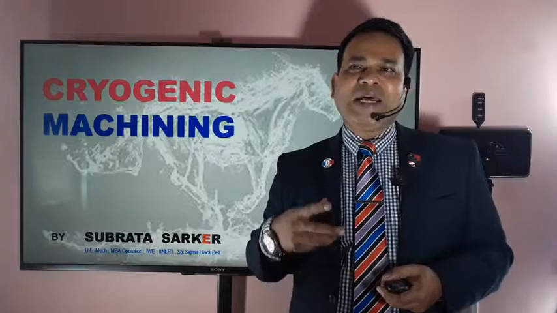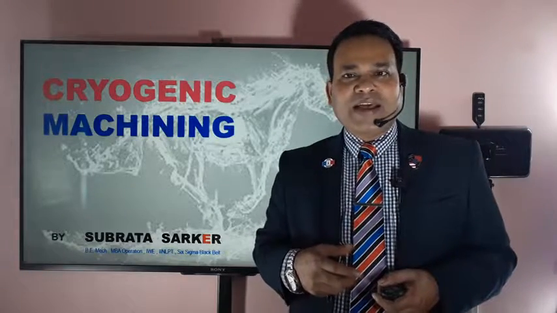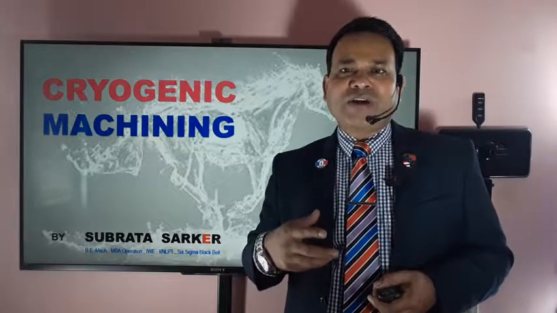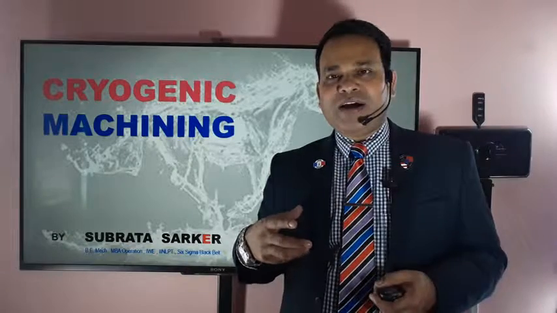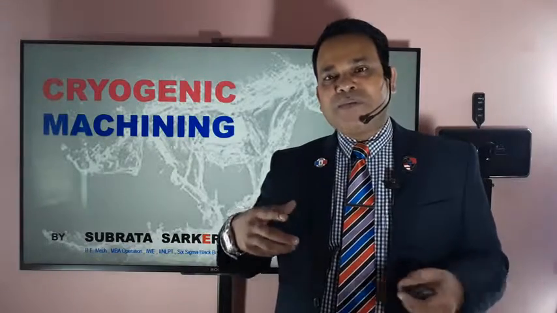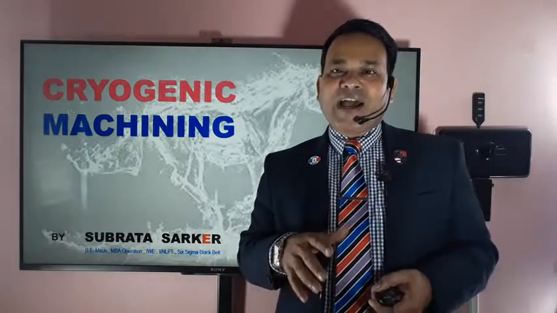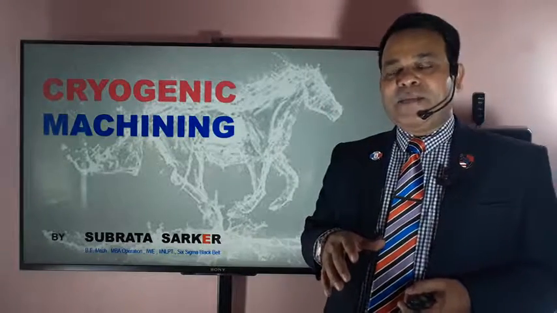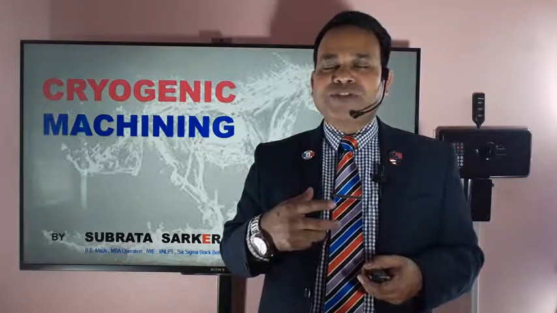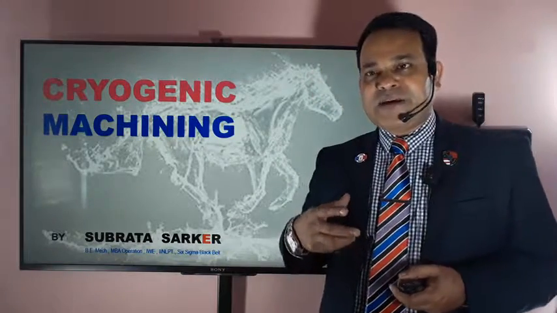Before that, what is cryogenic actually? The word cryo comes from a Latin word, and cryo means cold. Now, how cold can you call it cryo? Cryo is basically in the range of minus 180 to minus 200 degrees centigrade. That is called cryogenic.